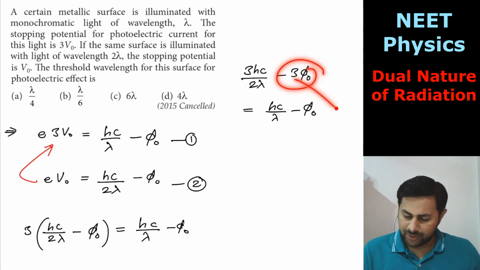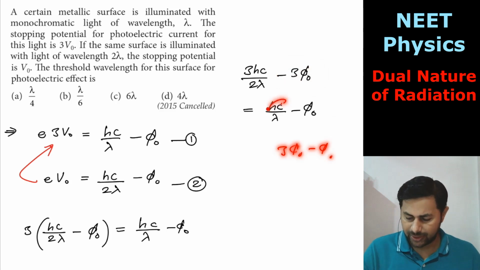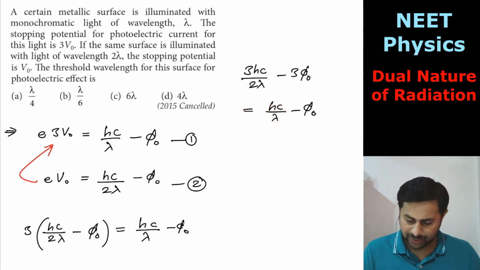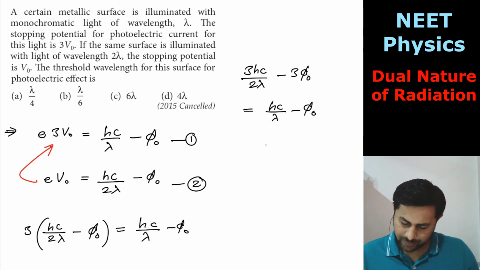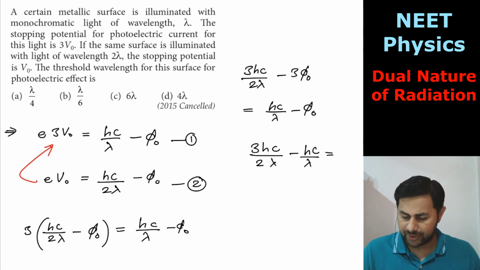Take this on this side, so it will be positive: 3 phi naught minus phi naught is 2 phi naught, and take hc by lambda on the other side. So 3 by 2 hc by lambda minus hc by lambda is equal to 2 phi naught.